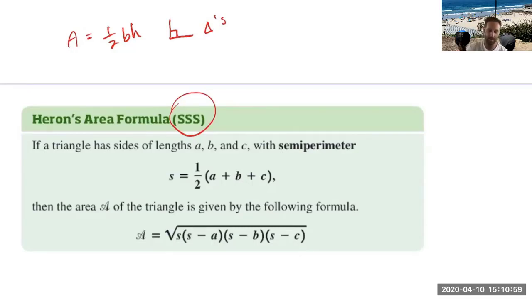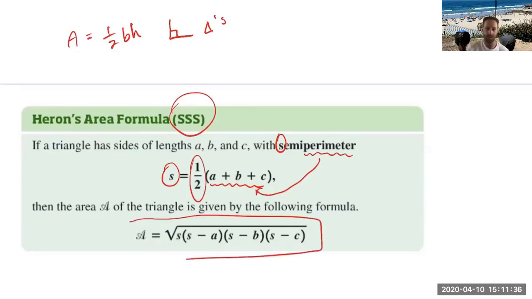He came up with a way to find this length of S, which he called the semi-perimeter. Now, you know a semicircle to be half of a circle. So the semi-perimeter is when we take the perimeter of this whole thing by adding up all three sides, and then we take half of it. His formula to find the area of a triangle with three known sides, that is a non-right triangle, is this.